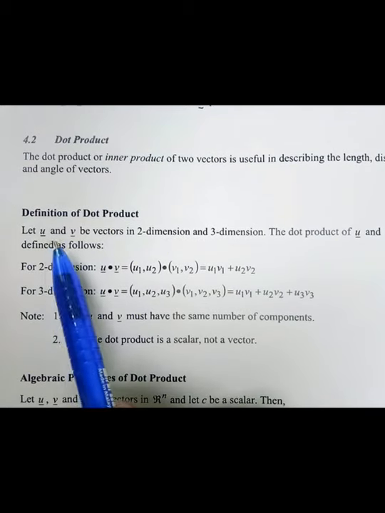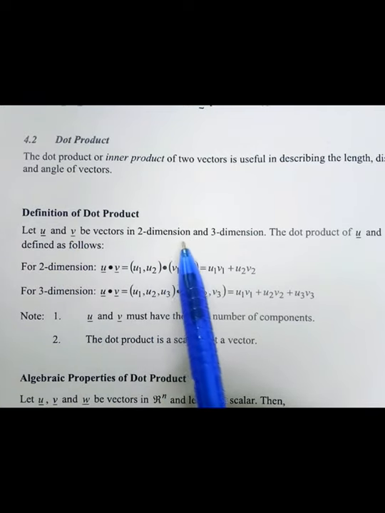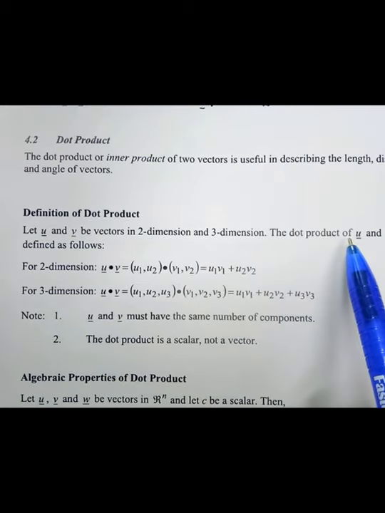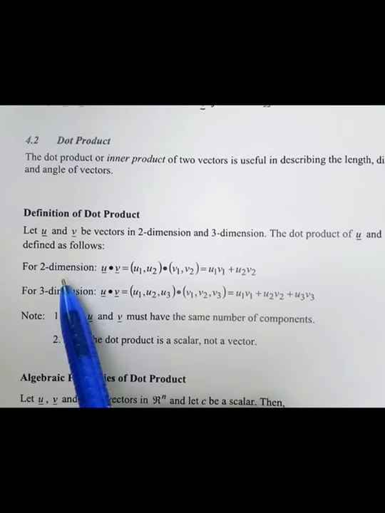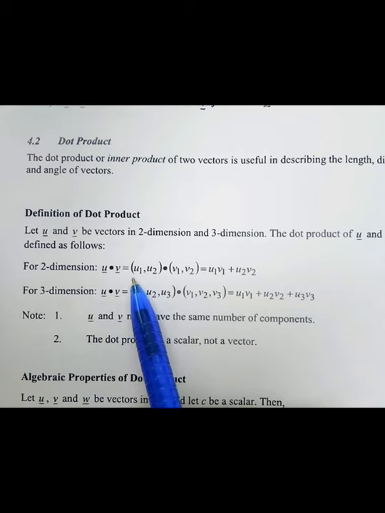Okay, let u and v be two vectors in two dimension or in three dimension. So the dot product of vector u and v is defined as, for two dimension, u dot product v is given by a product of a component for each dimension for the given vector.